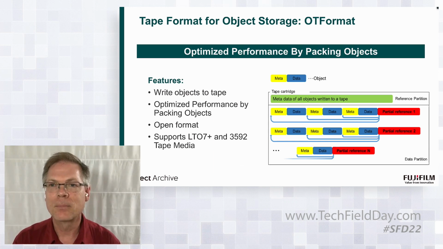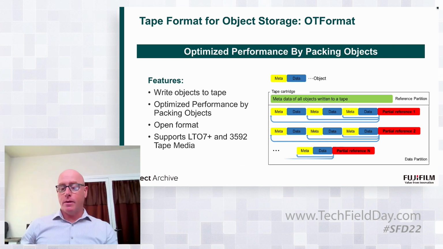One of the things that we developed and have open sourced inside of Fujifilm is this OT format that is analogous to LTFS. This is built specifically for object and the metadata.